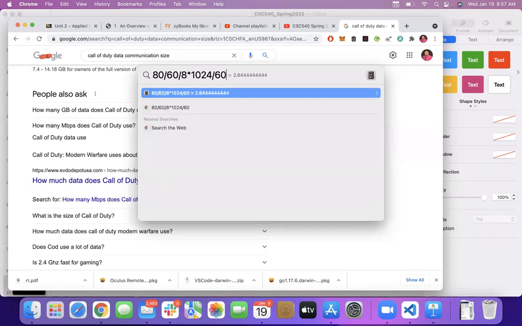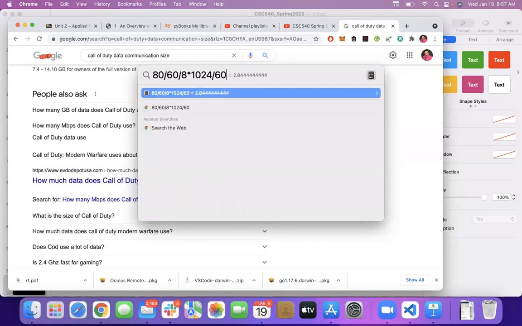All right, so 2.84 kilobytes every 1 second is the amount of data that's being shoved back and forth between Call of Duty clients. Now, presumably in a video game like Call of Duty, information is being sent and received multiple times within a second.